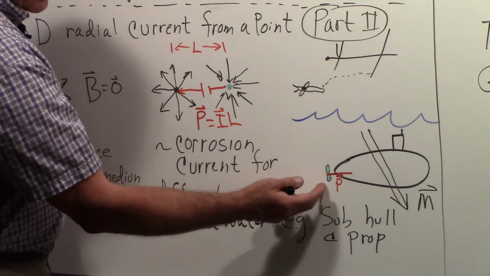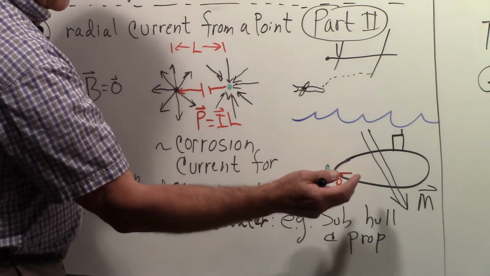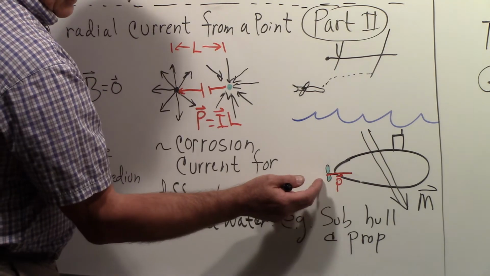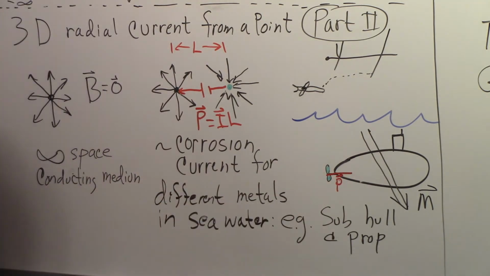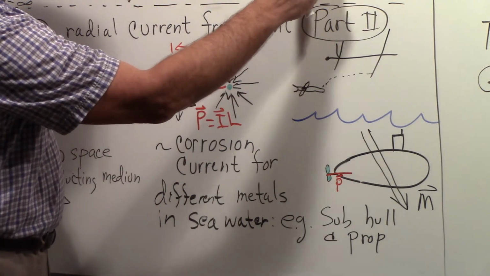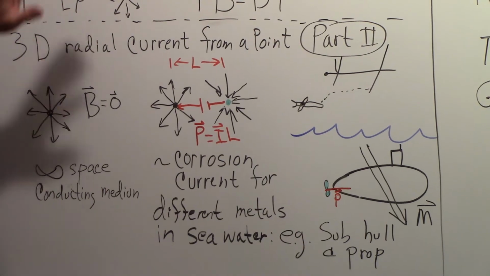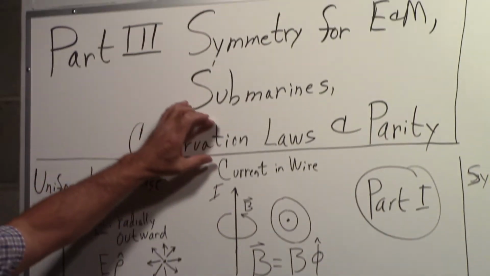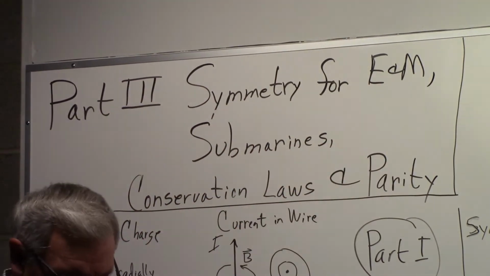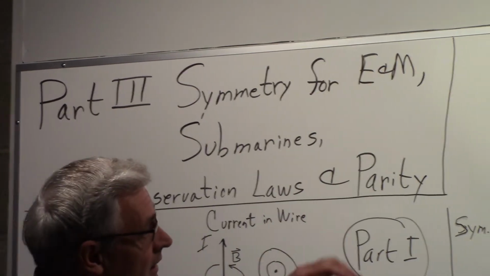And again, this electric current moment here is a corrosion current between the hull and the propeller on the submarine. So that's a quick review of part 1 and part 2. We now want to go to part 3. And in part 3, we're going to be talking about conservation laws and parity.